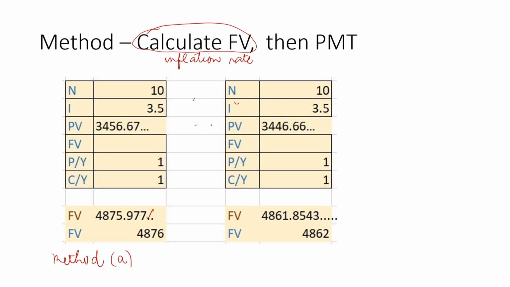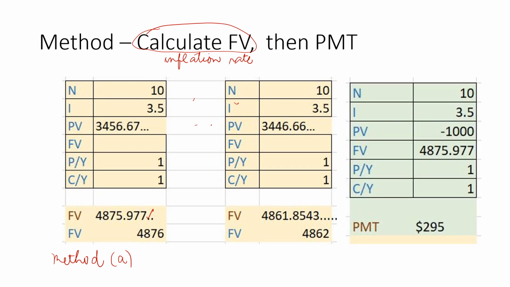So knowing our future value with inflation rate, we can now calculate for the PMT. So we encode our data here for N, and it could be this one instead of this, or this one. Okay, I repeat.